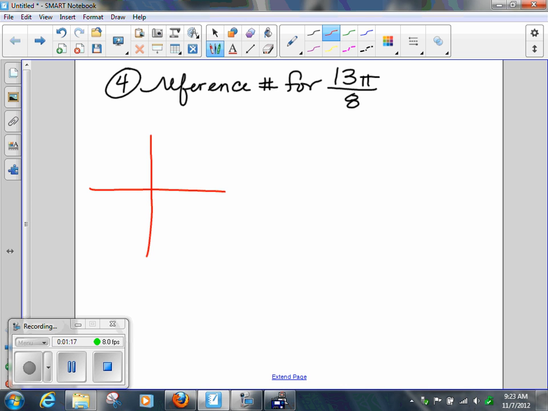Now you know 1/2 of a revolution is 1 pi. Do you guys agree with that? So it's going to be 8 pi over 8. Why did I choose 8 as my denominator? Because that's what's in my original denominator.